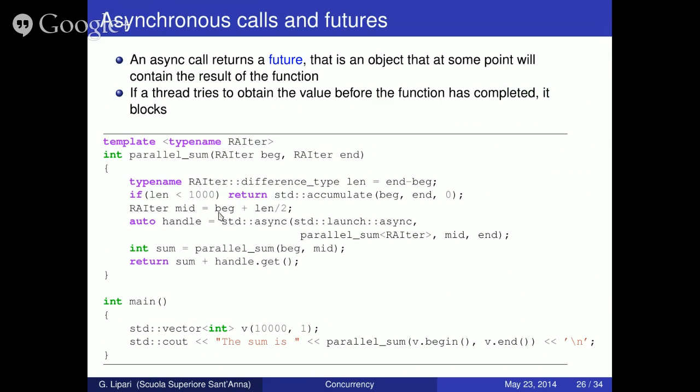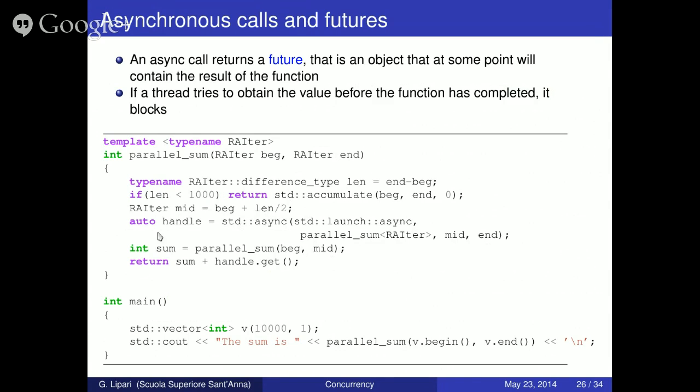Otherwise, it divides the range into two, and the first half is computed directly. The second half is given to parallel sum mid-end.